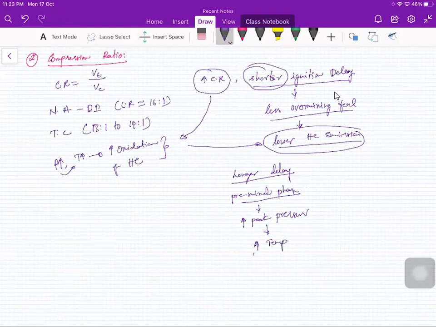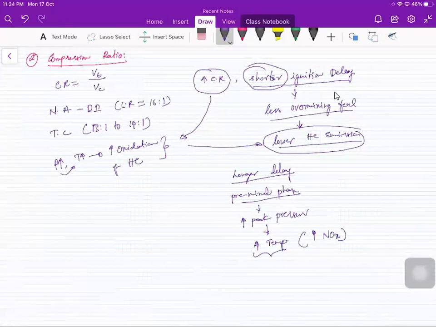Now, when you have an increment in temperature, this will lead to an increase in NOx emissions. Okay. But how long is this longer delay period acceptable? So that's the question. If the ignition delay is too long, okay.